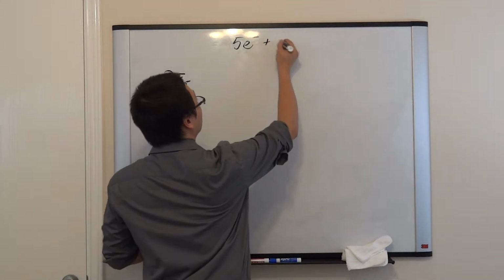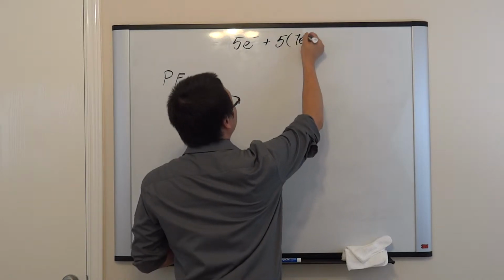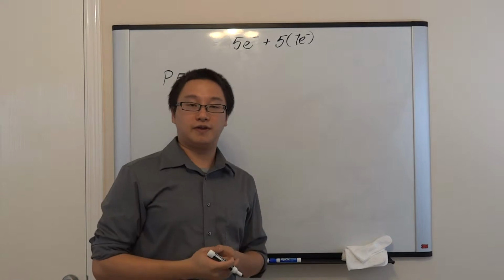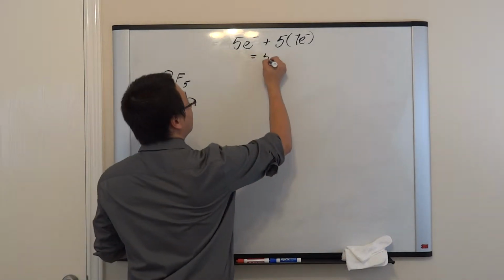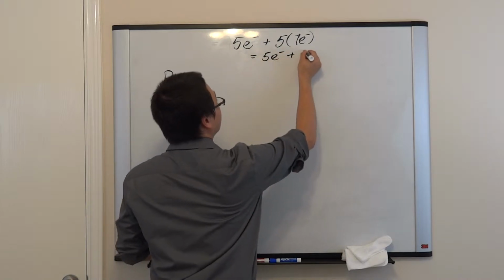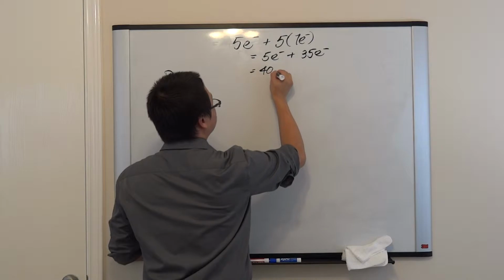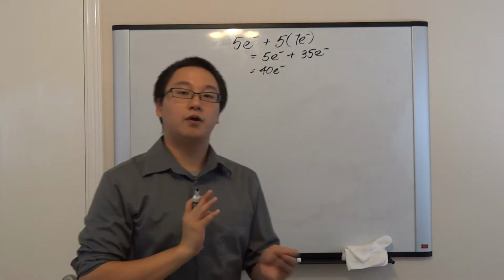Here we have 5 fluorine, each with 7 valence electrons. This is how we calculate the total number of valence electrons in this molecule. If you do the math, it is 5 plus 35 electrons, and the total is 40. Now, we will follow the same procedure.